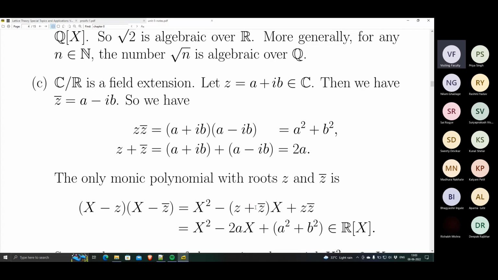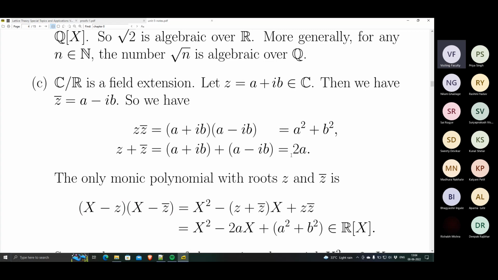X squared minus sum of roots times x plus product of roots. In fact, this is how you factorize a quadratic polynomial. You are given a quadratic equation of this kind. You say that the sum of the roots is the second coefficient, and the product of roots is the third coefficient. Can you find out the two roots individually, and then that will be the factorization. We have done all this, right?